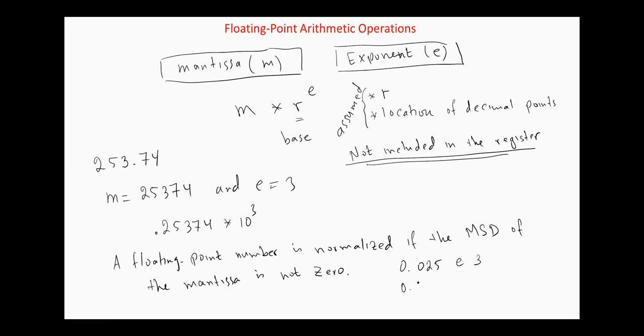In order to normalize it, we have to shift it to the left one position and decrement the exponent by 1. And the number 1.03E3 is not normalized as well, and in order to normalize it, we shift it to the right one position and increment the exponent by 1.